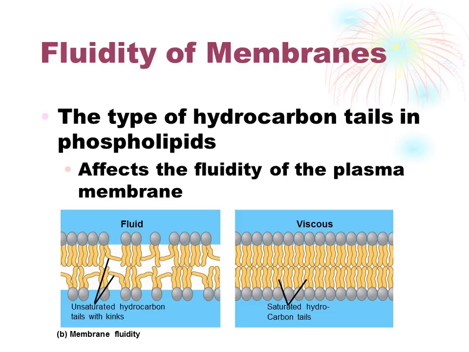They're unsaturated hydrocarbon tails with kinks. Because these kinks are there, this plasma membrane is going to be a lot more fluid. It's going to be able to move around a lot more than the image on the right-hand side, which has saturated hydrocarbon tails. And because there are no kinks, they can't move around quite as much.